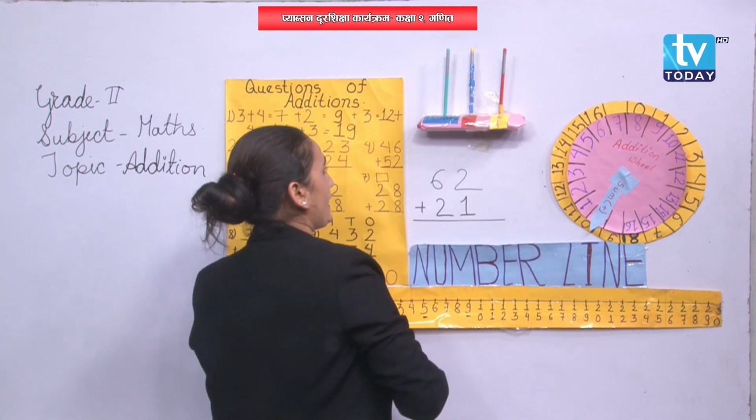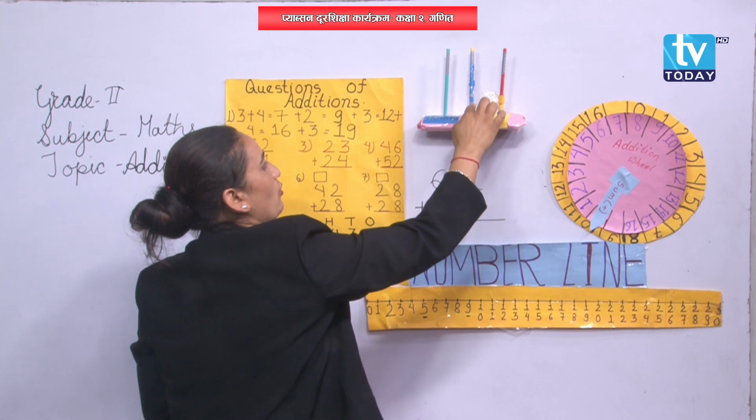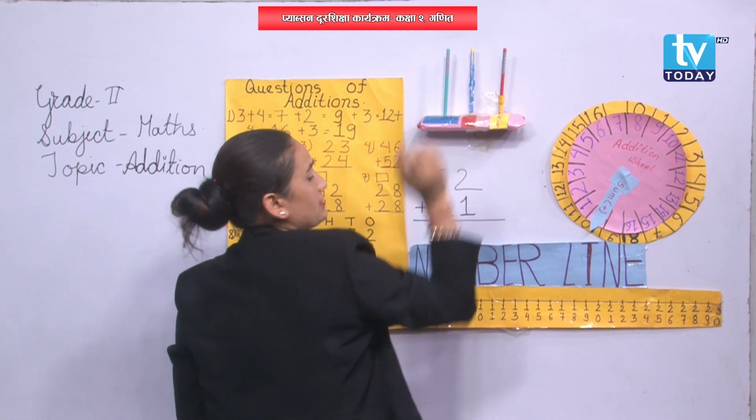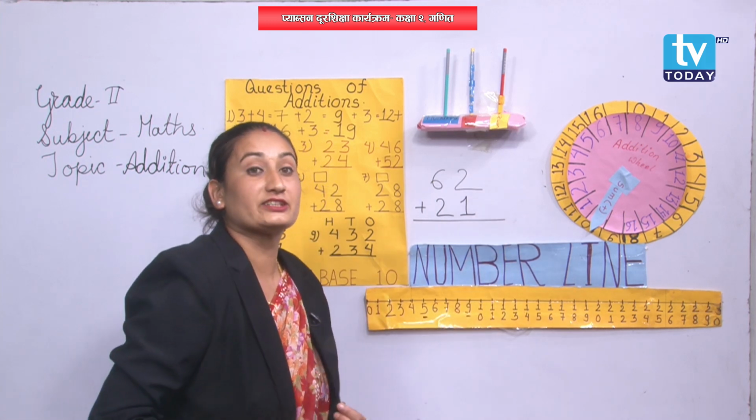Now 1, 2, it's 62. 1, 2, 3, 4, 5, 6, 60, 1, 2, 62.